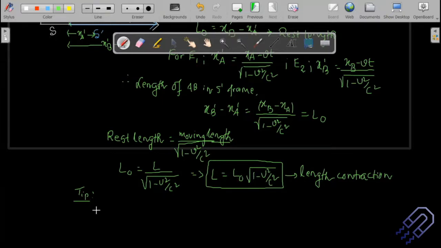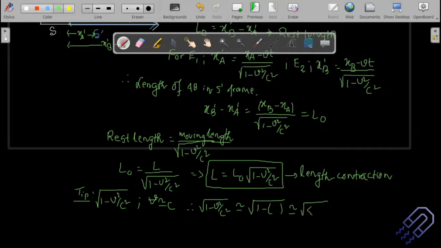But here, if you take root over 1 minus v square divided by c square, and let's say this v is comparable to c, it will be some value, but c will always be larger. So this root over 1 minus v square by c square will be 1 minus some value, and this result will always be root over a value which is less than 1.